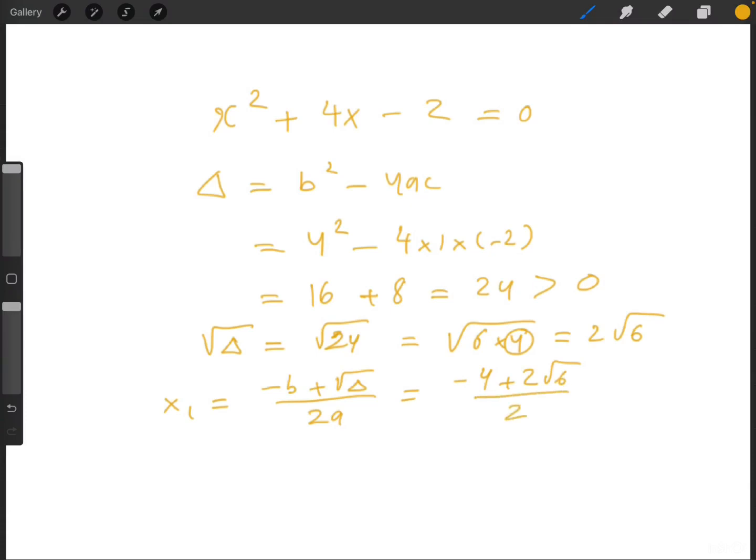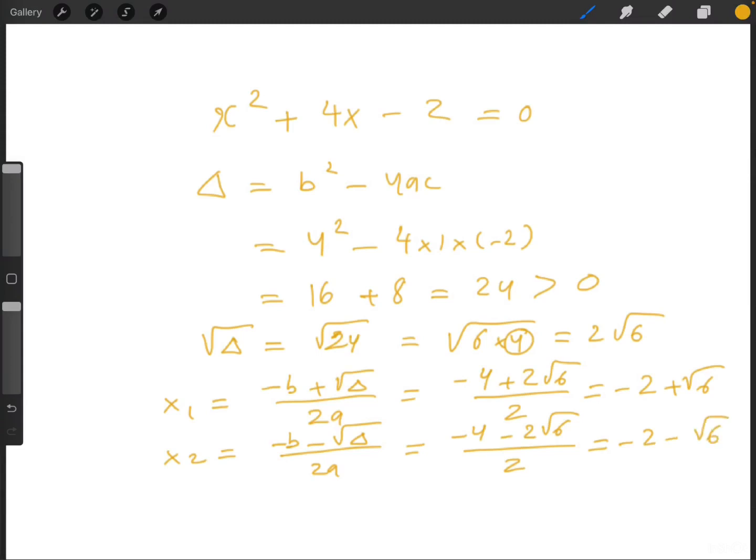Dividing both top and bottom by 2, we get negative 2 plus square root 6. And x2 equals negative b minus square root of delta, divided by 2a, which equals negative 4 minus 2 square root 6, divided by 2. Dividing both top and bottom by 2, we get negative 2 minus square root 6.